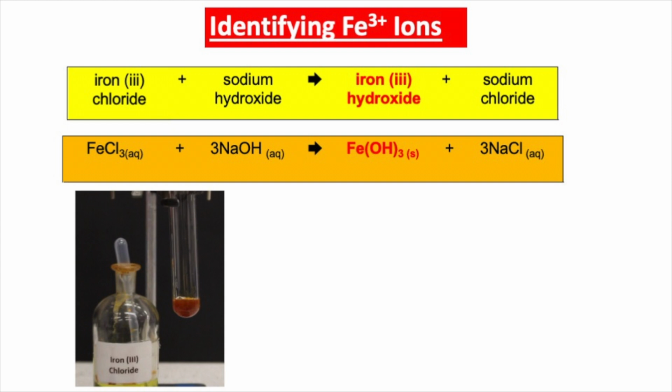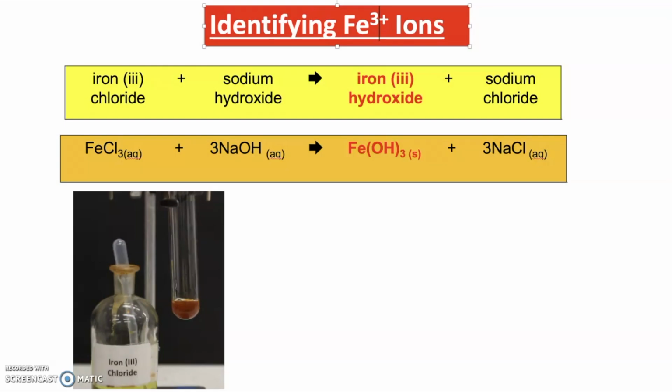Now let's describe this reaction with a word equation and a chemical equation. We have iron(III) chloride reacting with sodium hydroxide, forming the precipitate iron(III) hydroxide and sodium chloride. And the chemical equation is FeCl3 + 3NaOH makes Fe(OH)3 and 3NaCl.